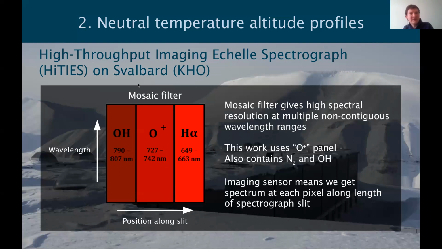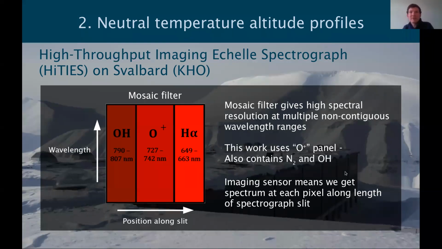And the other advantage of using this mosaic filter and an imaging detector, so we image this with essentially a camera at the bottom of the spectrograph, is that we get wavelength information, but also spatial information. So wavelength ends up in the Y direction on this mosaic filter, and then the X direction is the position along the spectrograph slit, and that means we can get spectra at different positions in the sky along that slit, and you'll see why that's useful a bit later on.